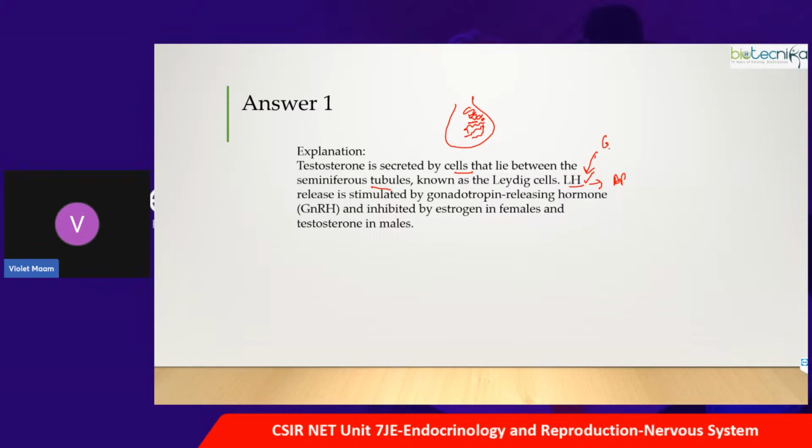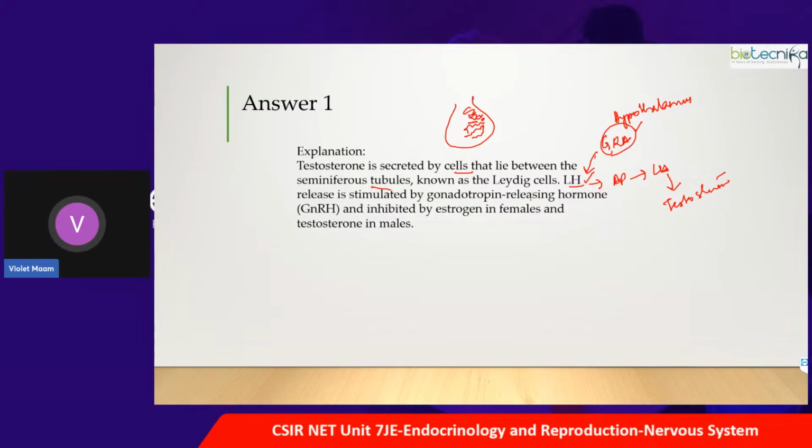It is the gonadotrophin releasing hormone, which is released from the hypothalamus. So the hypothalamus releases gonadotrophin releasing hormone that stimulates the anterior pituitary to release LH, and LH in turn stimulates the Leydig cells to release testosterone.